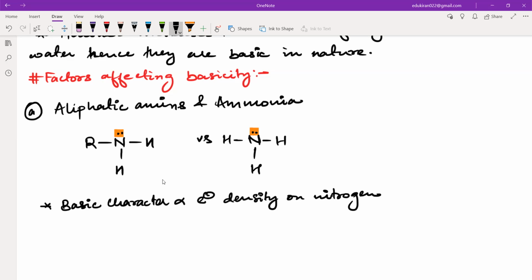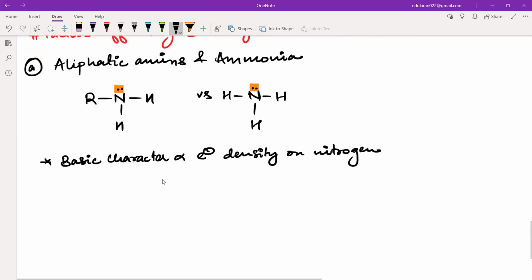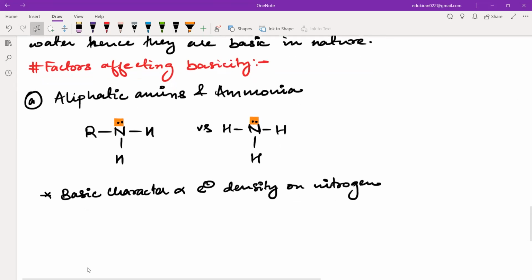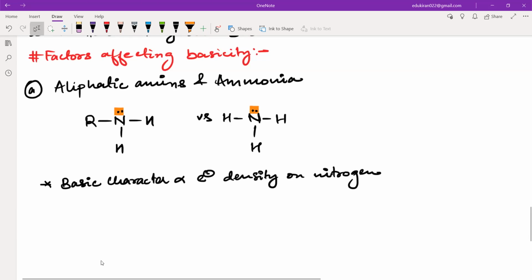Can you see any resonance in aliphatic amines? No guys, this won't work. If you can't say yes or no in a fraction of a second, that means either you're just not answering in the class, or you don't know. I hope it is the former rather than the latter. So my suggestion is, please start talking. Is there any resonance, guys? I just heard some noise, not any answer.